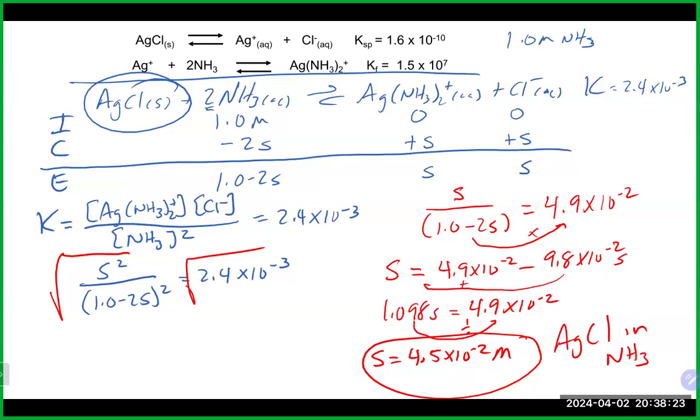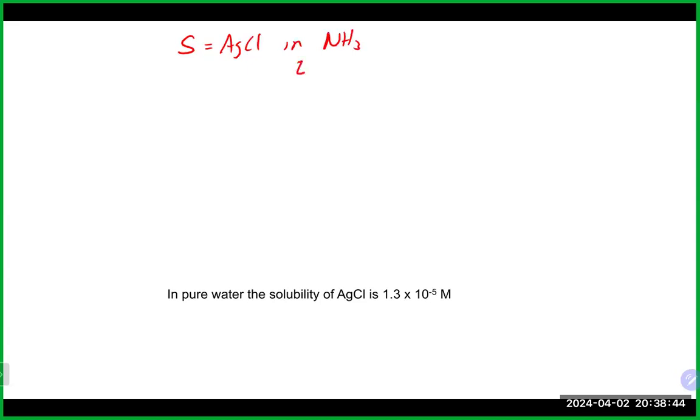So this is basically what you did at the end of group 1. Let's see if this is a big deal or not. We have our molar solubility of our silver chloride in ammonia of basically 4.5 times 10 to the minus 2 molar.